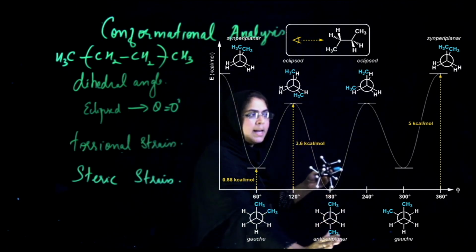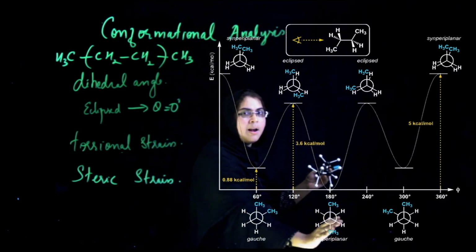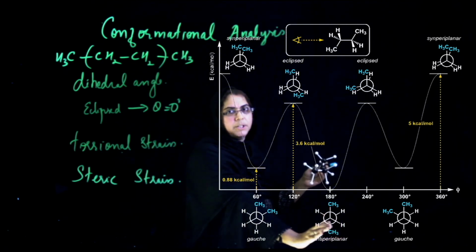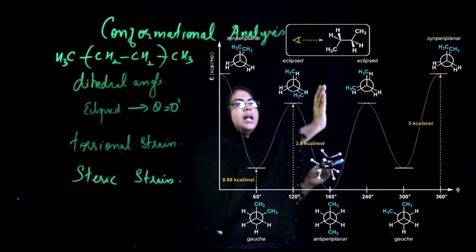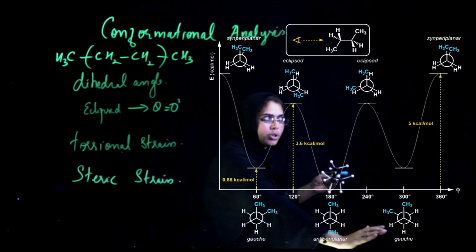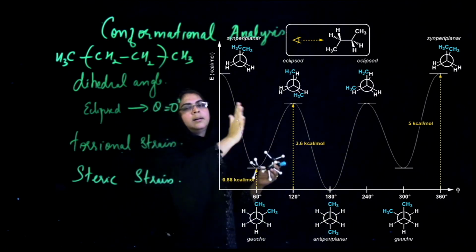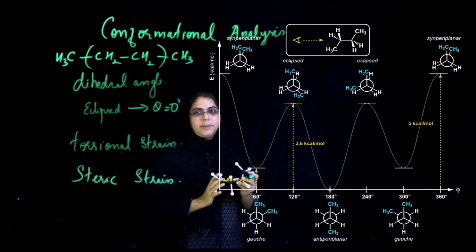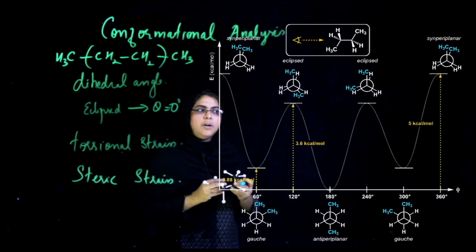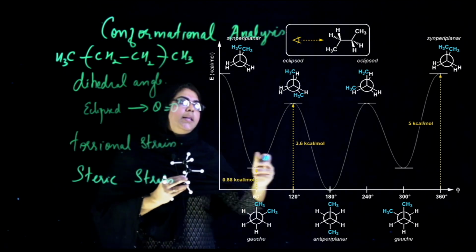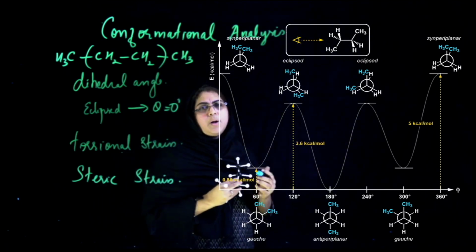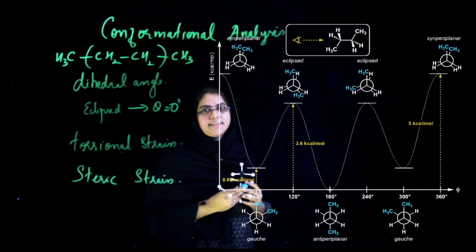Then we get anti-periplanar, or completely staggered, simply called the anti-conformation. Then partially eclipsed, then gauche, then we get syn, the eclipsed conformation. The other conformations in between these, we call skew conformations.